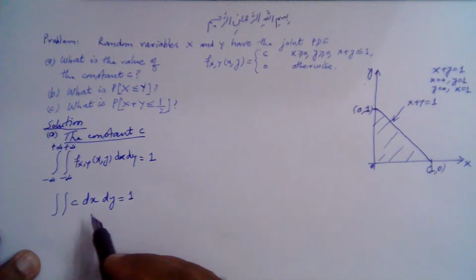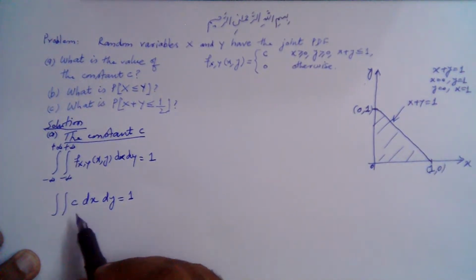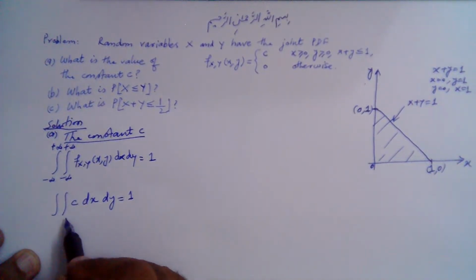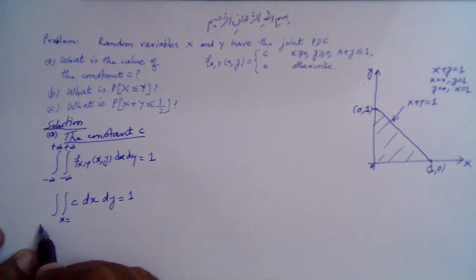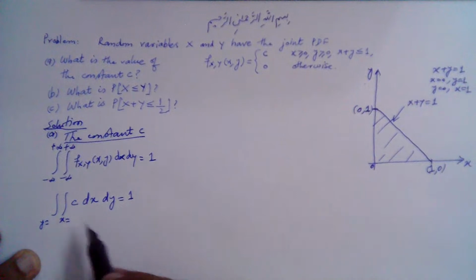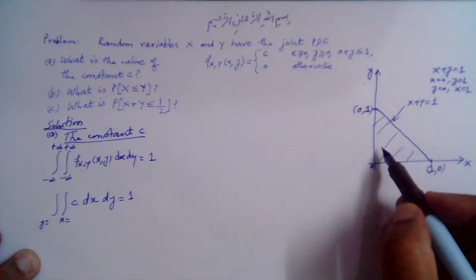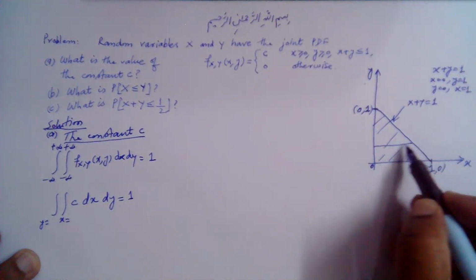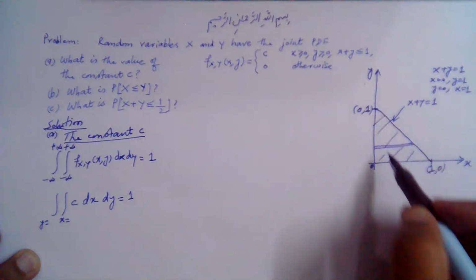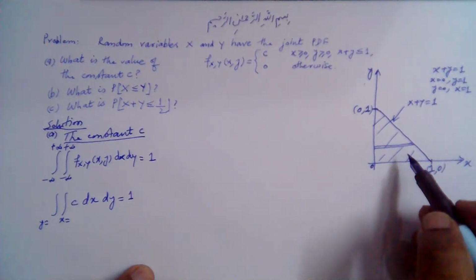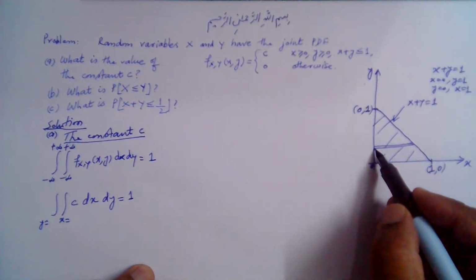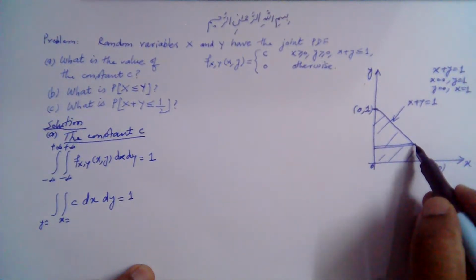So now the important step is to find out the limits for x here and then y here. So we are integrating first with respect to x. So we are assuming a horizontal strip, for example, somewhere here, which will move up and down. So x is 0 here, and at this point, x is bounded by this line.